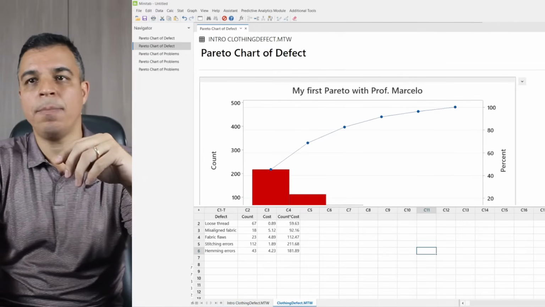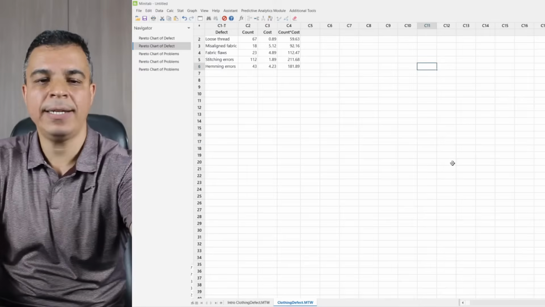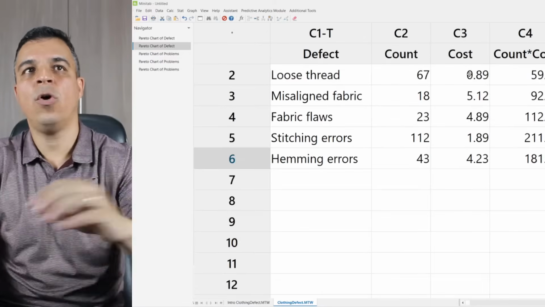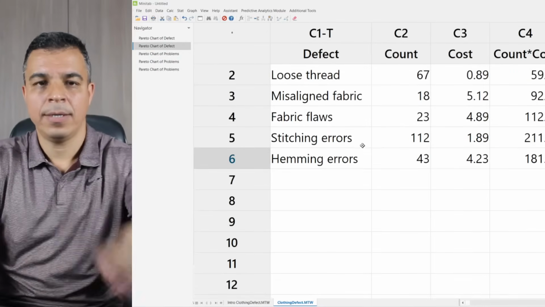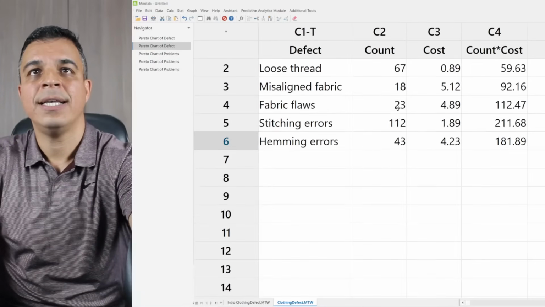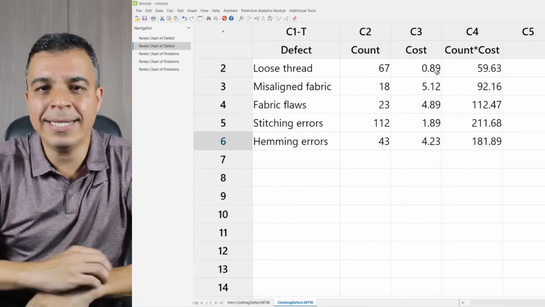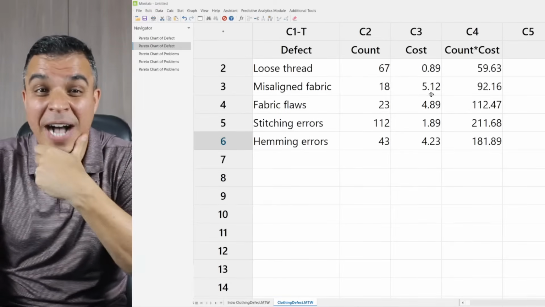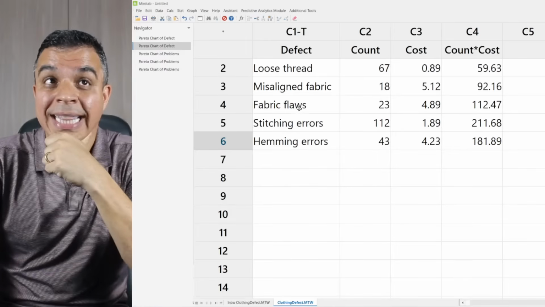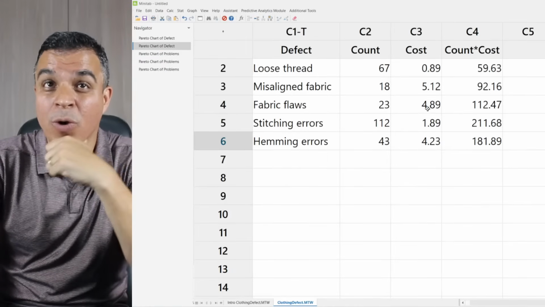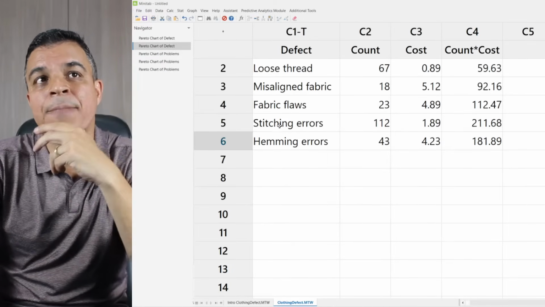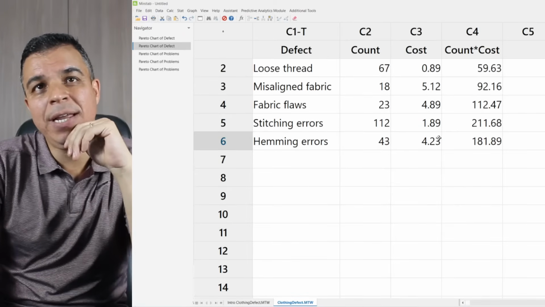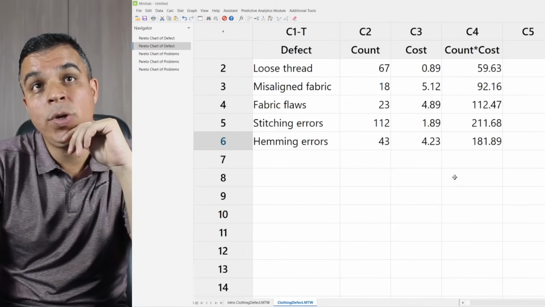For example, let's suppose you find out that the cost for loose thread is 0.89 cents. The cost for a misaligned fabric is $5.12. The cost for fabric flaws, $4.89. Stitching errors, $1.89. Hemming errors, $4.23.